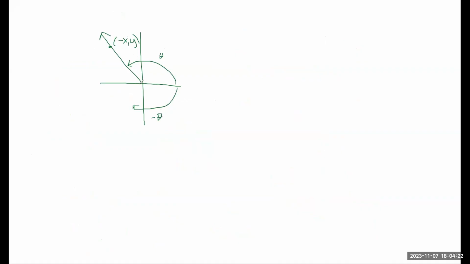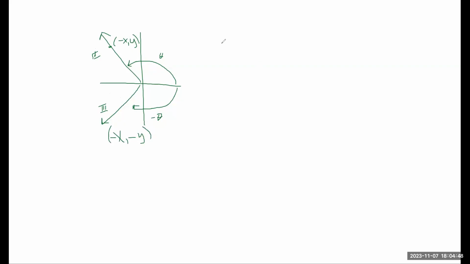What does that do for me? Instead of being in quadrant 2, that puts me in quadrant 3. That's how negative angles are drawn in standard position, where the x's are negative and the y's are also negative.